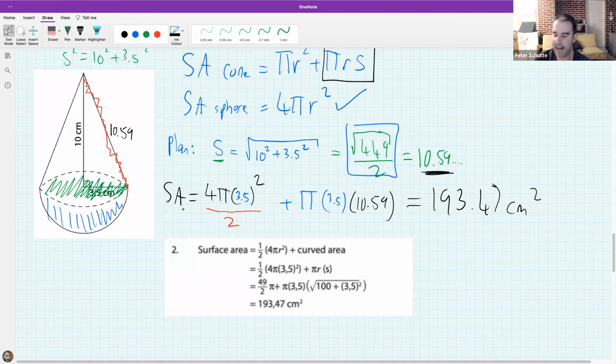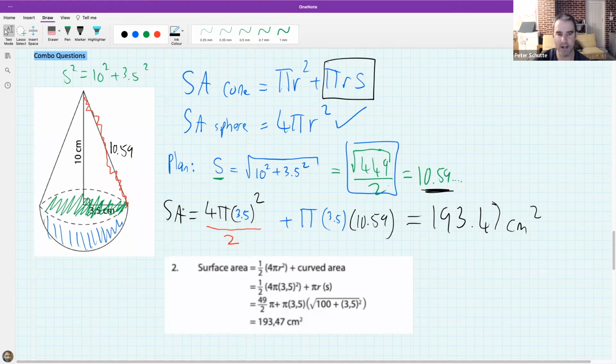And so that's why I had to modify the formula, because I wanted half of a sphere. That's why the divided by 2. And I wanted only the curved part of the cone. Where did I get the 10.59 from? In my formula for the cone, can you see that I need the slant height?